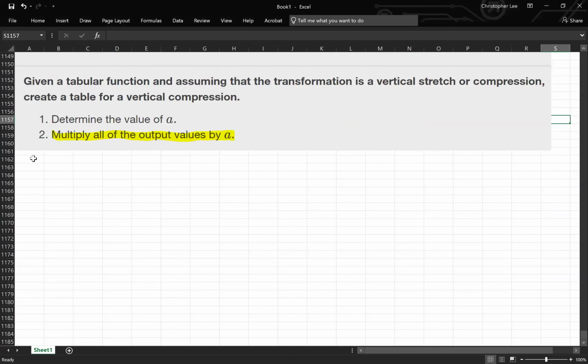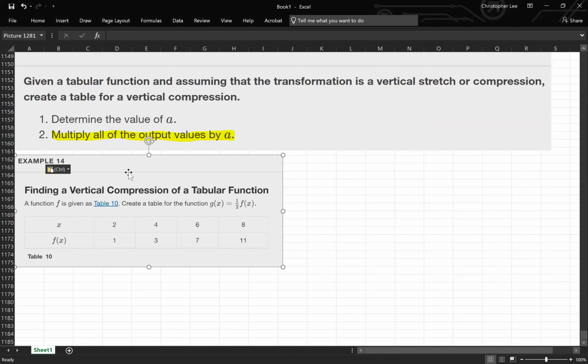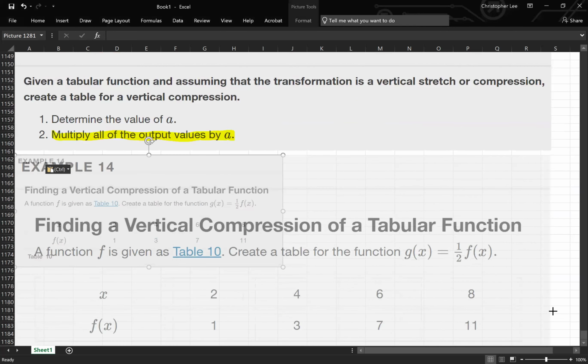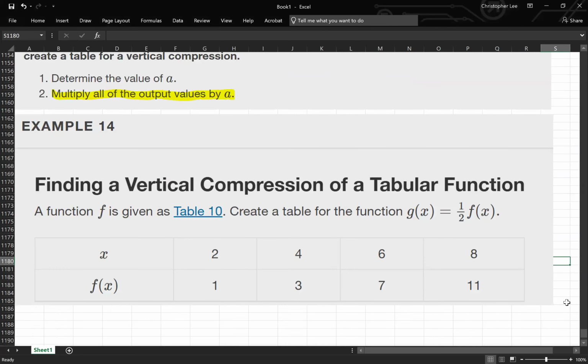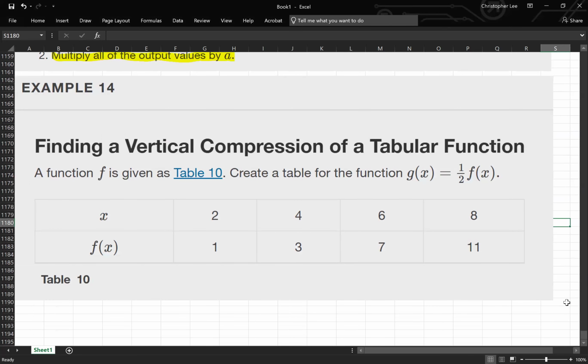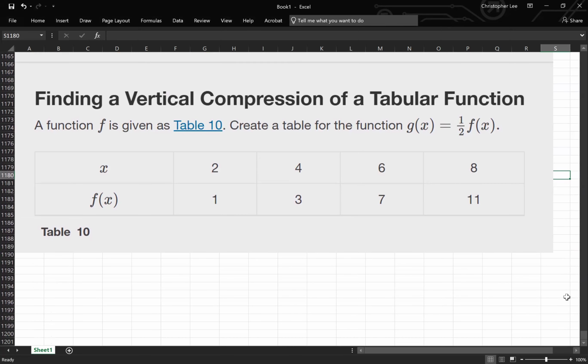All right, check this out. So finding a vertical compression of a table function right here. We have this table and we want to create a table function g of x where we have 1/2 times f of x. We're compressing it.